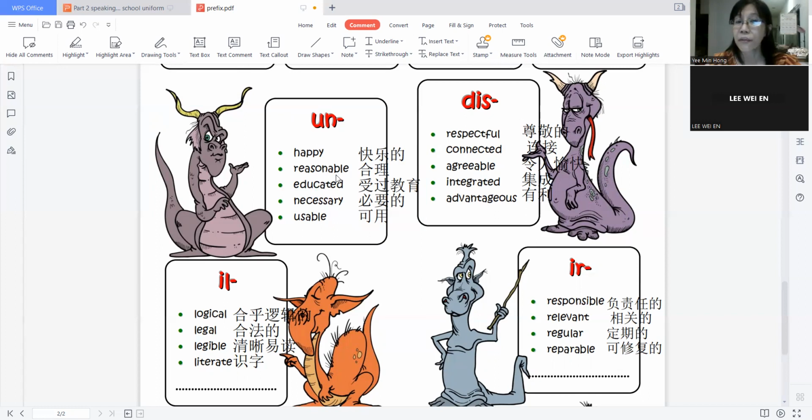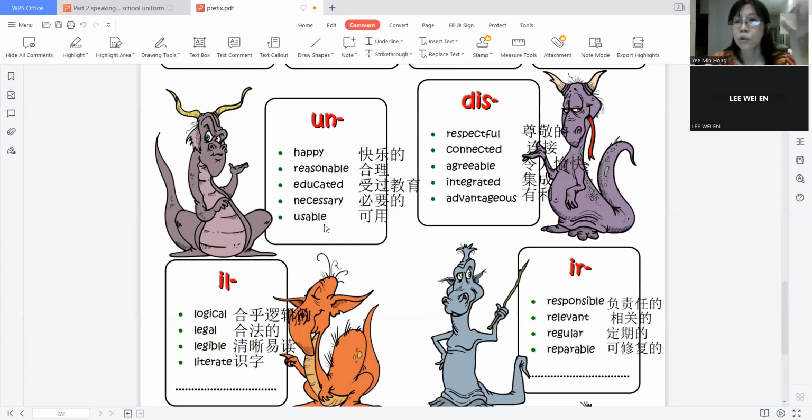Unhappy, you understand. Unreasonable: the person is really unreasonable, the way he talked to the woman. You can use this in your writing and speaking. Uneducated: these people, this group of people, are uneducated. Unnecessary, unusable.